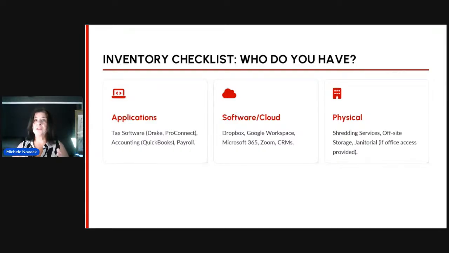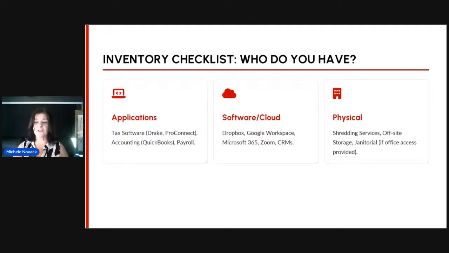I'll give you an example of that. It might be like OneDrive. Most people who have Microsoft 365 also have OneDrive, and you'll see it pop up when you're going to search a file. That is a virtual private server that sits on the cloud. You need to understand if that vendor is protecting that information.